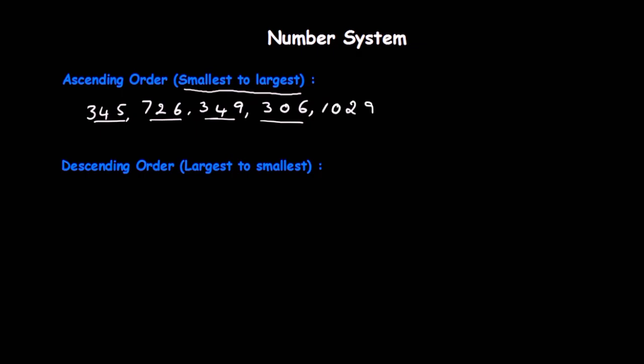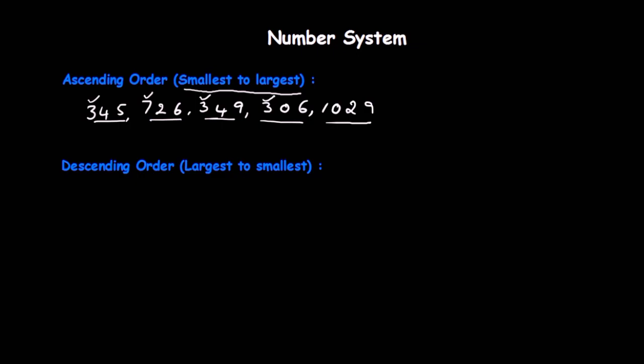Now it is a 4-digit number, and the highest place value, that is 1, belongs to the thousands place. Now the question is to write in ascending order, from the smallest to the largest. So check the highest place values of the 3-digit numbers, the hundreds place. Here it is 3, this is 7, and here 3, so here also 3.